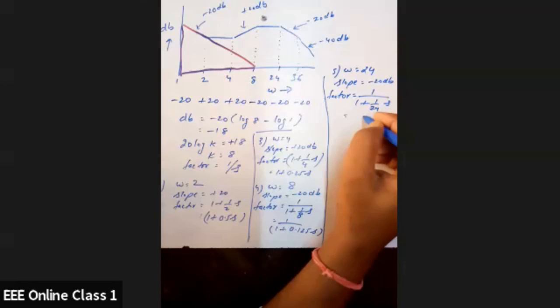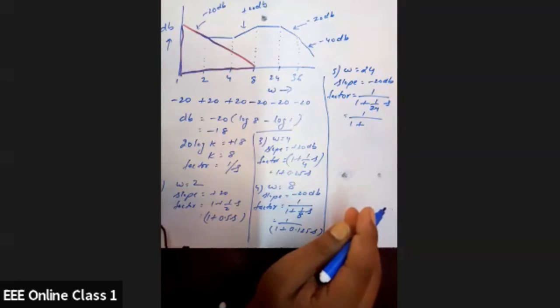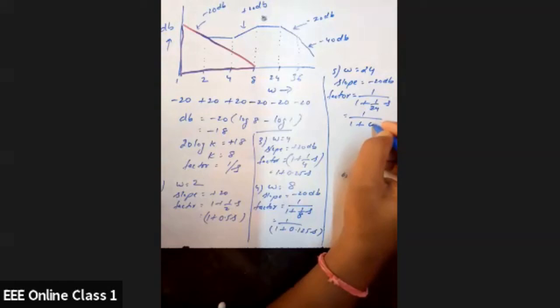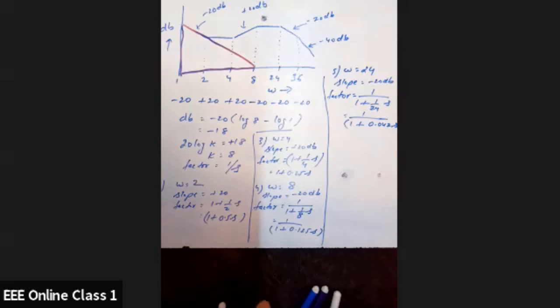So this becomes 1 plus 0.042 s. This is the factor at omega equal to 24.